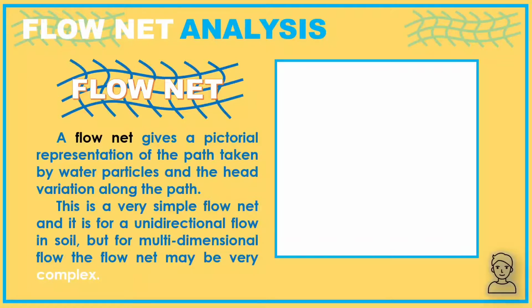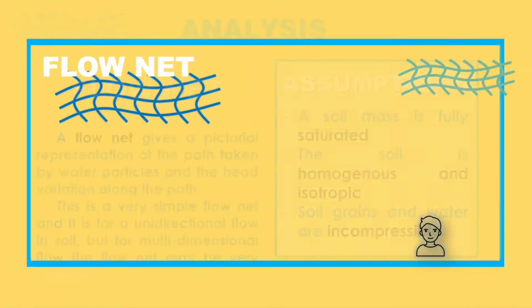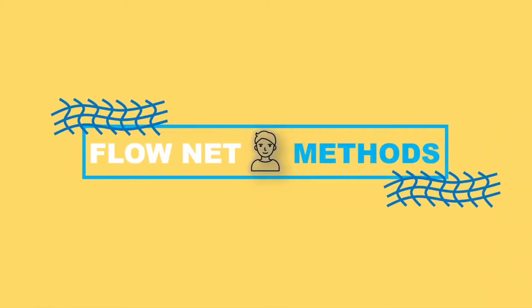And of course, we have several assumptions made because of that idea. And that is, a soil mass is fully saturated, the soil is homogeneous and isotropic, and soil grains and water are incompressible. The flow net methods. After the analysis, let's continue to delve into the different methods of flow net, or how a flow net is utilized.